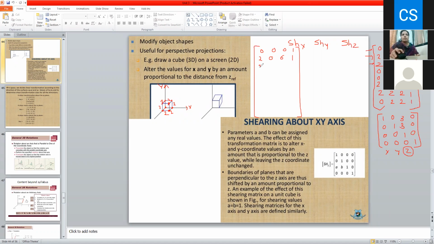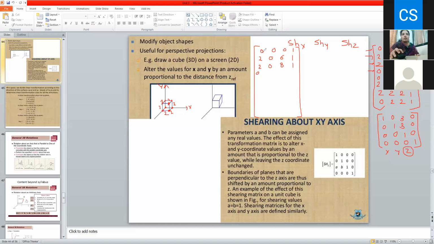So 2, then 2, second row, second column is 0. Second row and third column is 2 into 3, 6 plus 2. 6 plus 2 is 8. And then fourth row, first column is 0.